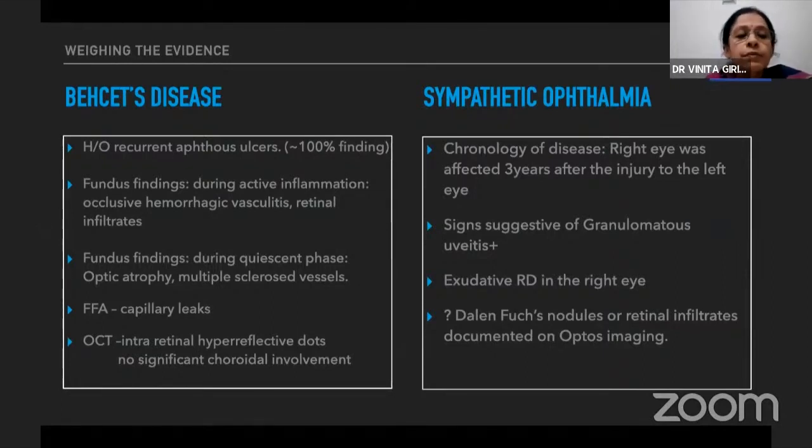The fluorescein angiography had a lot of capillary leaks, very often described in Behçet's disease. OCT also showed intraretinal hyperreflective dots, and more significantly, there was no evidence of choroidal involvement. And also the recurrent aphthous ulcers, which is one of the diagnostic features of Behçet's disease.